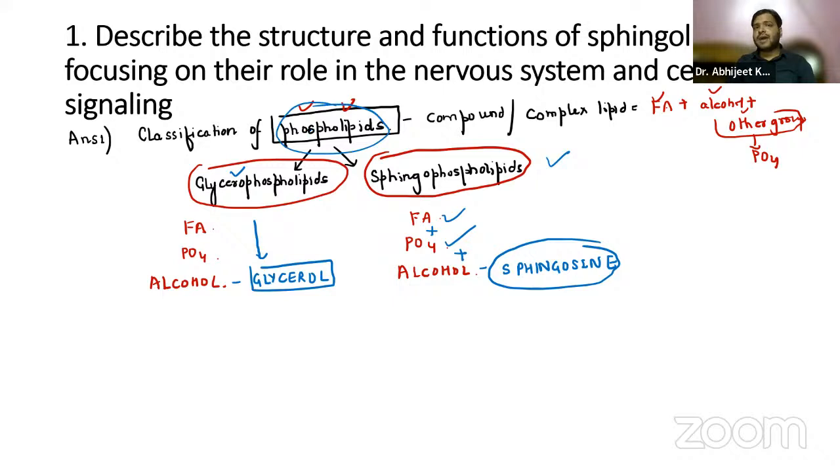A phospholipid is a compound or complex lipid made up of fatty acid plus alcohol plus other group, that is phosphate. Alcohol can be glycerol, that is glycerophospholipids, which we have already covered in the previous class, and today we are going to focus mainly on sphingophospholipids, right?